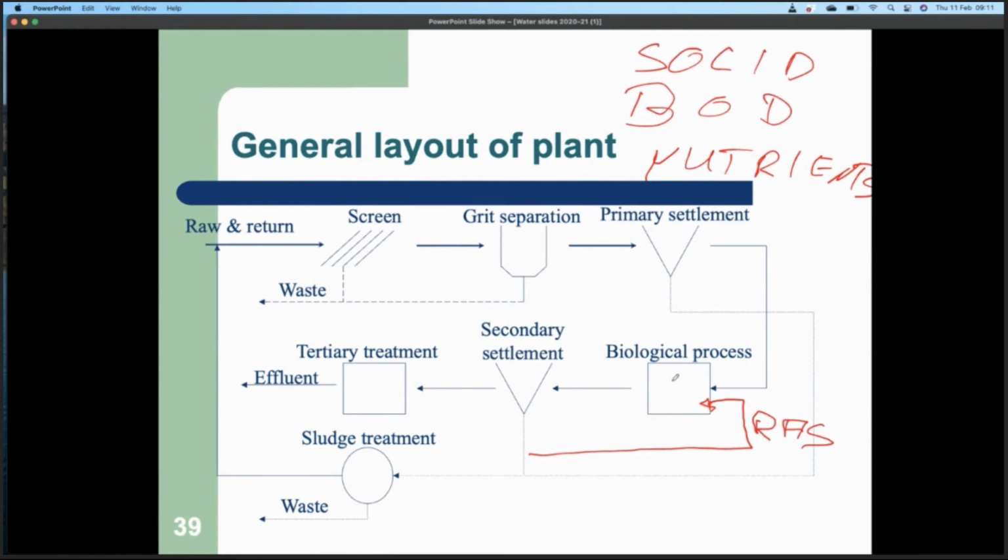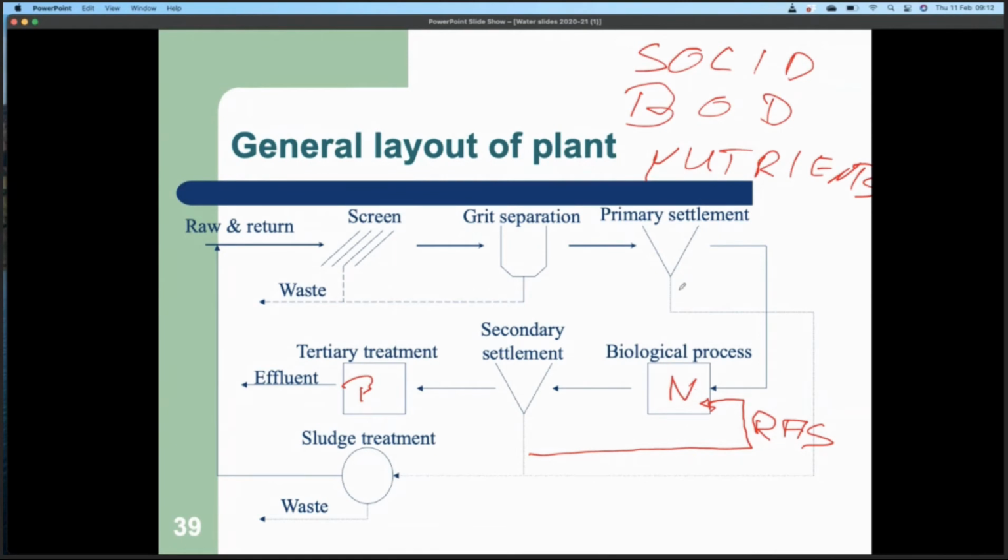The biological process in the conventional treatment works is to get out the BOD, but if you run it properly, it also removes some of the nutrients. It will only remove nitrogen in a conventional treatment plant, and only if you do it right. If you wanted to remove phosphorus, you would have to get into the tertiary treatment.